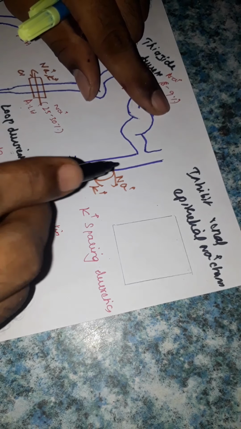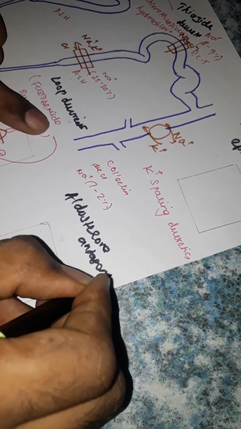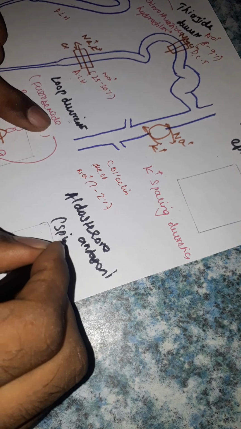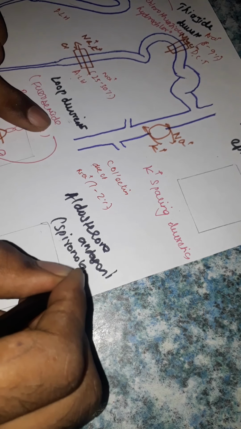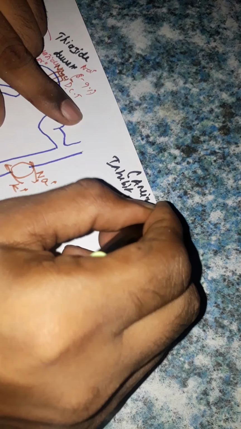Another one is your aldosterone antagonist, which is nothing but spironolactone. The drugs that inhibit the renal epithelial sodium channel are amiloride and triamterene.